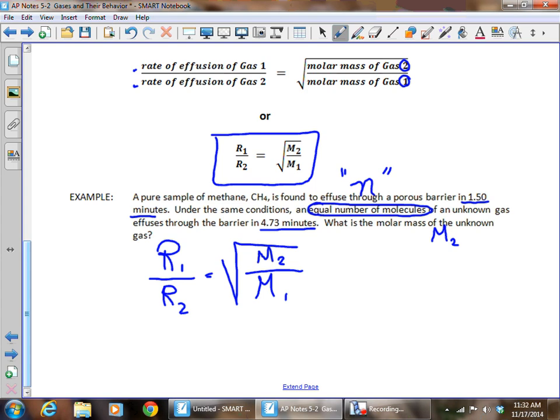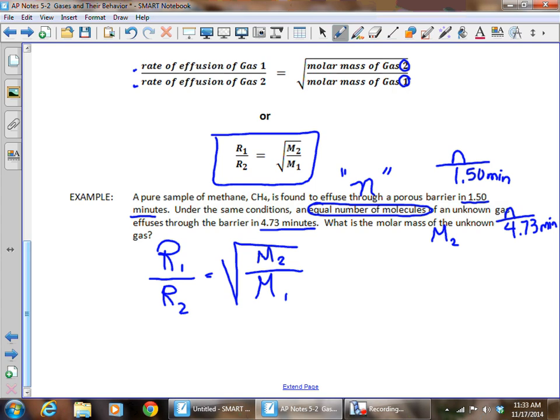Now what that means is that the rate is going to be N, the number of molecules per time. So would you agree that the rate of CH4 is going to be N over 1.50 minutes, and the rate of the unknown gas is going to be N over 4.73 minutes?